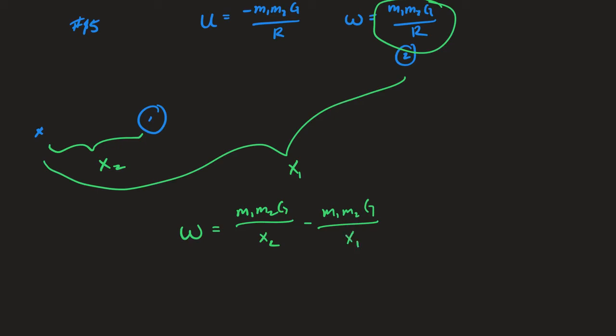Please note that by definition, and the way I've drawn this, this number would be a positive number because x2 is smaller than x1. Thus, 1 over x2 minus 1 over x1 is inherently positive. You guys all okay with that? Any question about why that's true?